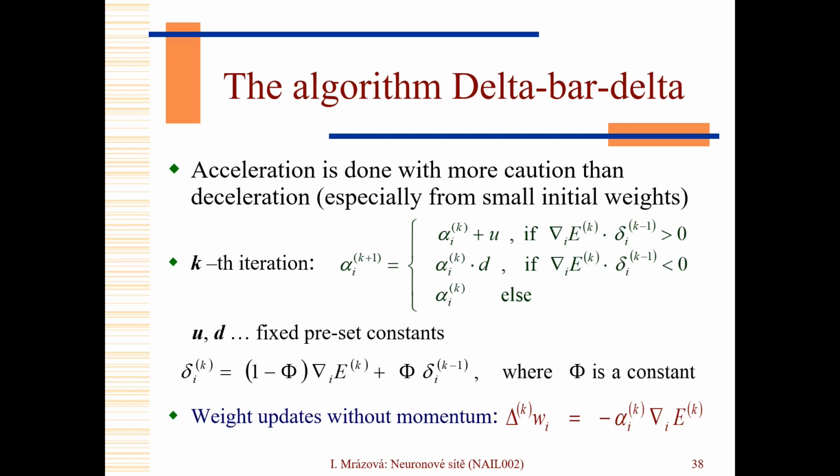And the weight updates will then occur without considering the momentum terms. So the change of the weight w i at iteration k will correspond to the negative gradient in dimension i of E at iteration k times alpha i at iteration k.